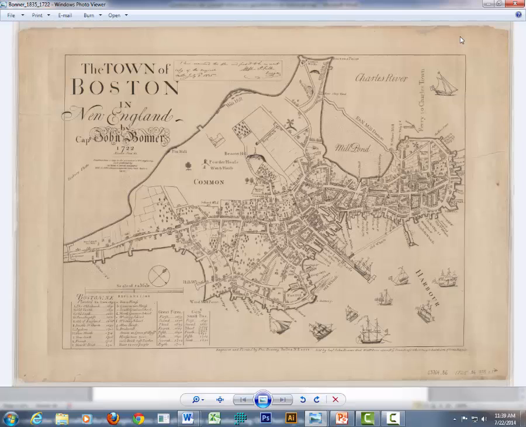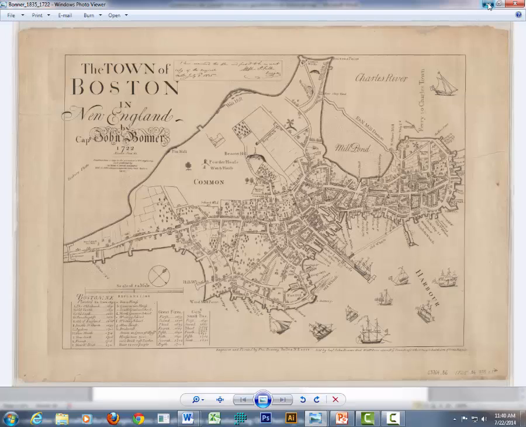Large-scale urban maps, such as this one, tend to be the easiest to georeference. The smaller the scale, the larger the land or sea area that you're trying to georeference, the more difficult it can be. So when you get up to the level of the region or nations or continents, you may run into more trouble with georeferencing. I don't say this to discourage you, but just to give you some pointers to think rationally about this process.